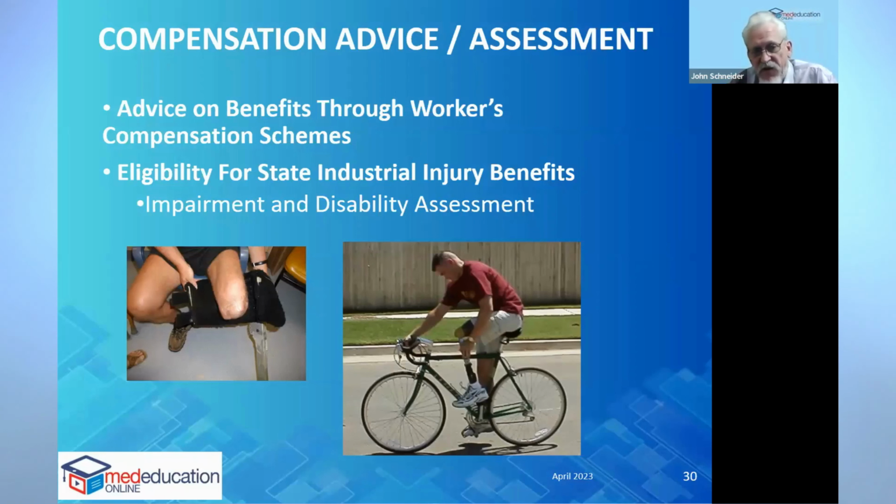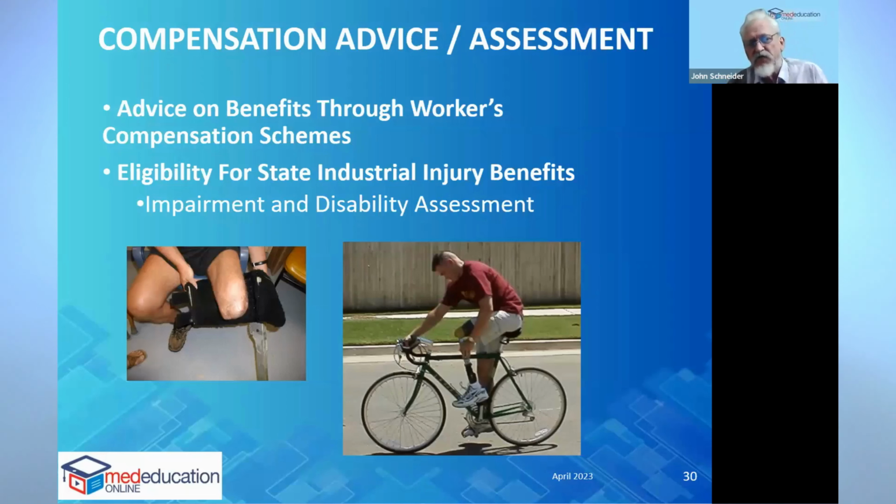And you can see on the right something a bit more up to date and a bit more modern. And that person again has a significant impairment with loss of a limb, but his disability is situational and it varies from what he's doing. And in that situation, he's riding a bicycle quite competently and safely and has that capacity.